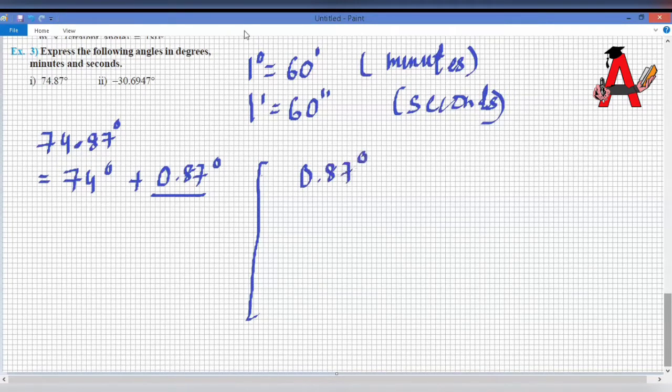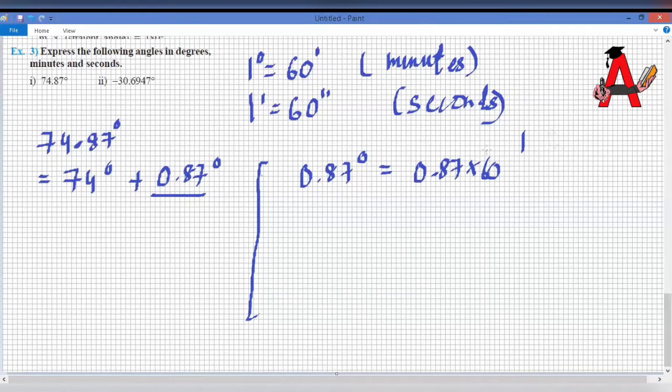As I told you, 1 degree is equal to 60 minutes. So this can be written as 0.87 into 60 minutes. If you multiply 0.87 into 60, you will get a value of 52.2.